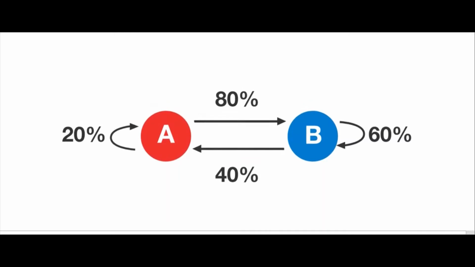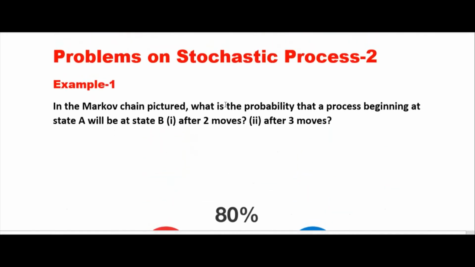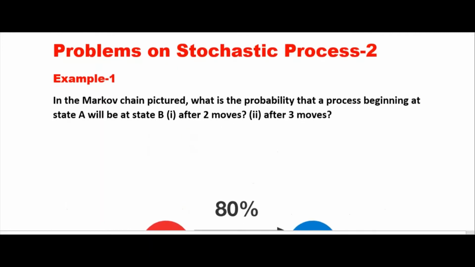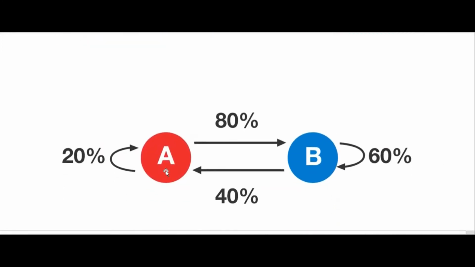You go through the question once again. It says, what is the probability that a process beginning at state A will be at state B after 2 moves? After 2 moves. That means what might happen is it will recycle twice.